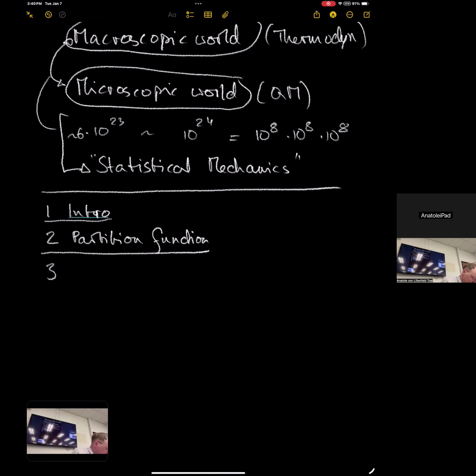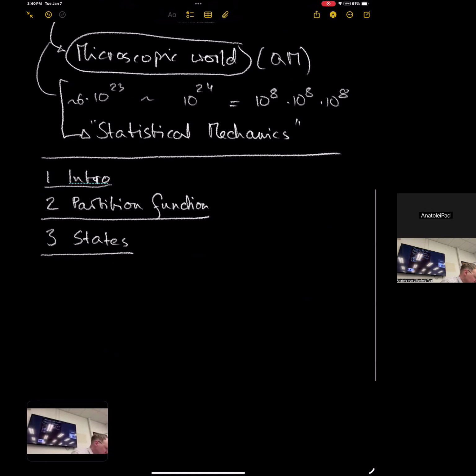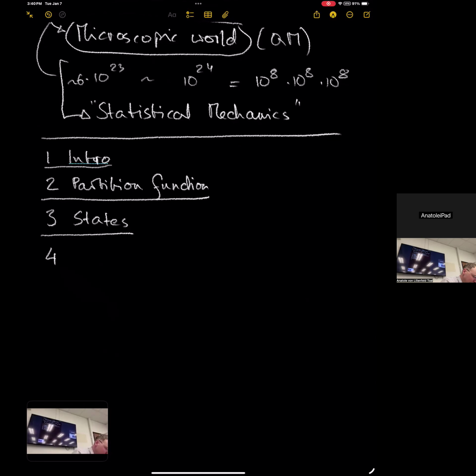Then we'll be talking about equations of state. Then we'll be discussing the degrees of freedom. And then I would like to finally, and that's sort of a glorious accomplishment of this field, we want to understand equilibrium constants.